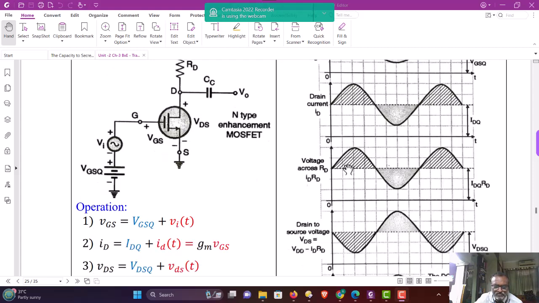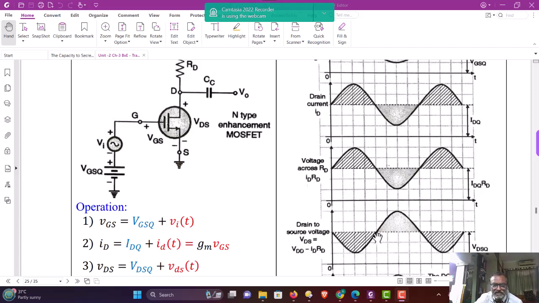Therefore, subtract this voltage across RD from VDD, and you get the value of VDS that is shown here. VDS is equal to VDD minus ID RD. That waveform will be decreasing when ID RD is increasing, and therefore the hatched portion of the waveform of VDS is shown.